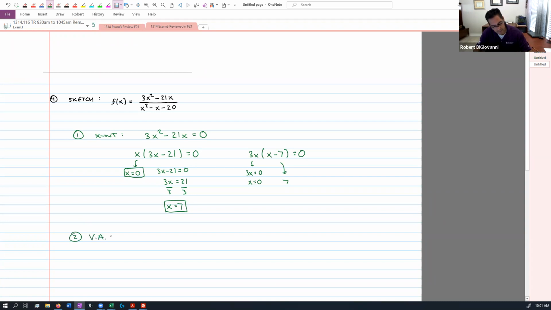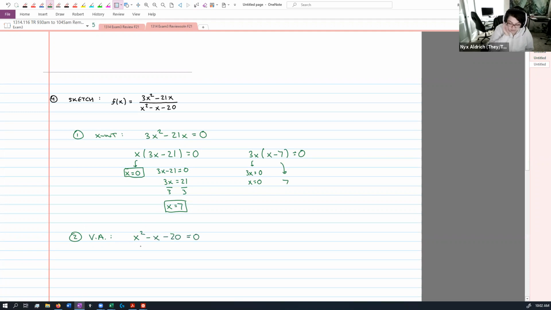Someone else want to tell me about the second step, vertical asymptotes? Anyone get to that? You would have 2 vertical asymptotes. I set the denominator to 0 and got x minus 5 and x plus 4.